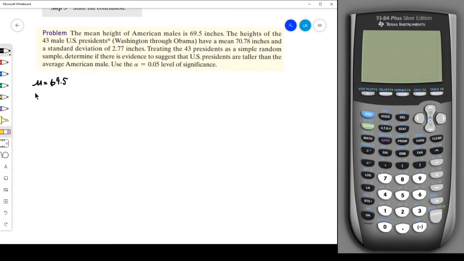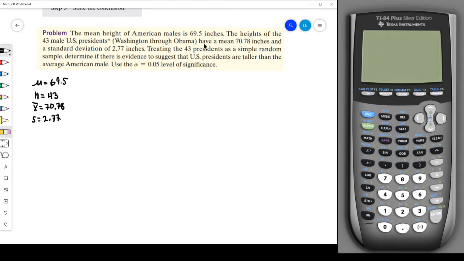We need our sample size, so the sample is 43 U.S. presidents. Our sample mean, the mean height of the U.S. presidents, is 70.78. And the standard deviation of that sample is 2.77.